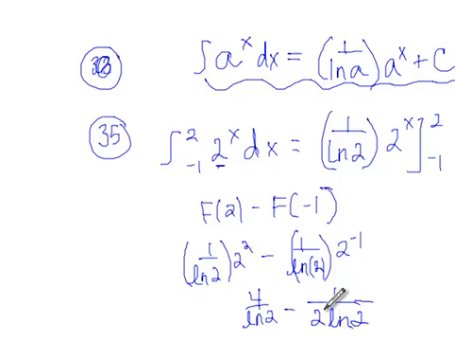If you wanted to condense this, you would need to get a 2 on the top and a 2 on the bottom. You're going to get 8 minus 1, which is 7 over 2 natural log of 2. And then you could get a rounded answer, but I think that's good enough for me.